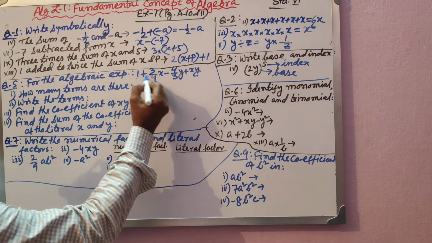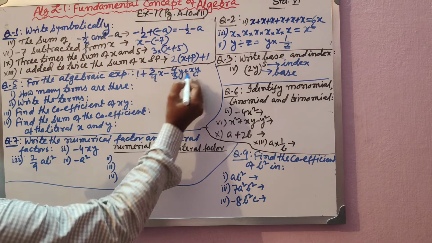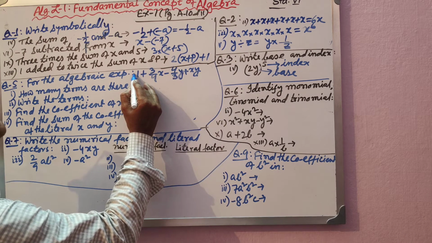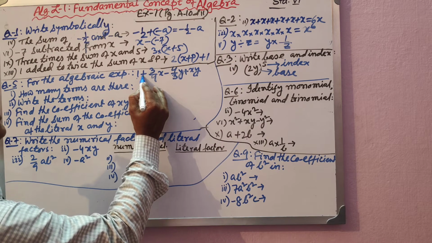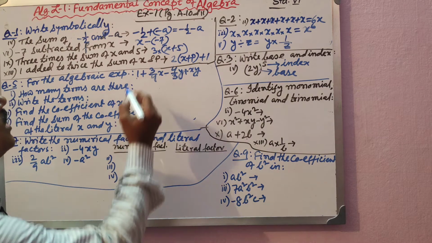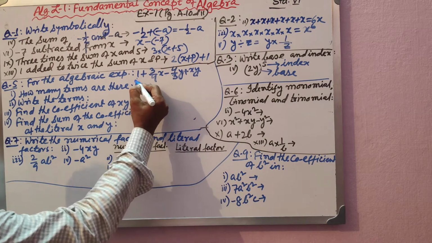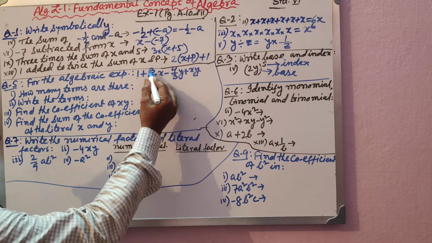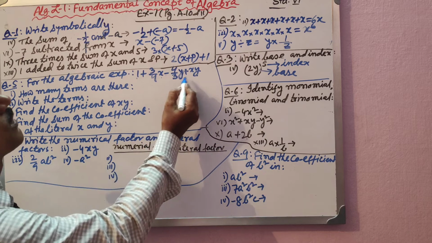So one term, two terms, three terms, four terms. As many addition and subtraction signs, that many terms. This one is called a constant term because it has a fixed value. Here it is with variables, so it is a variable term, this is also a variable term.